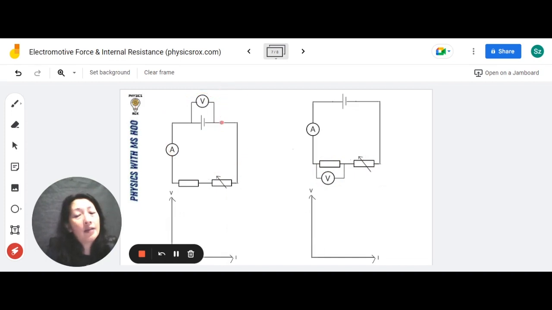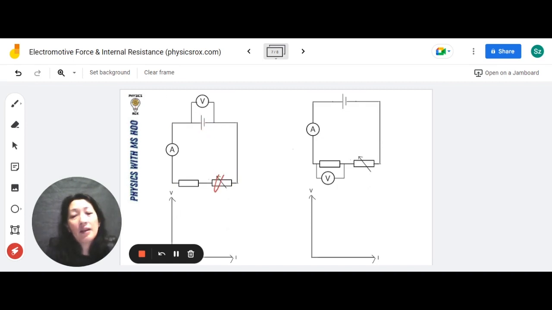In the circuit on the left, the voltmeter here is measuring the potential difference across the entire circuit, which means that we're actually going to be measuring the terminal potential difference. The term terminal potential difference here means the potential difference of the circuit when we place a voltmeter across the terminals of the battery.